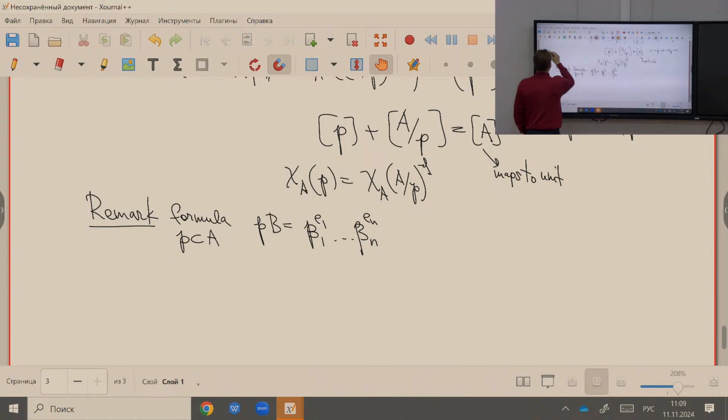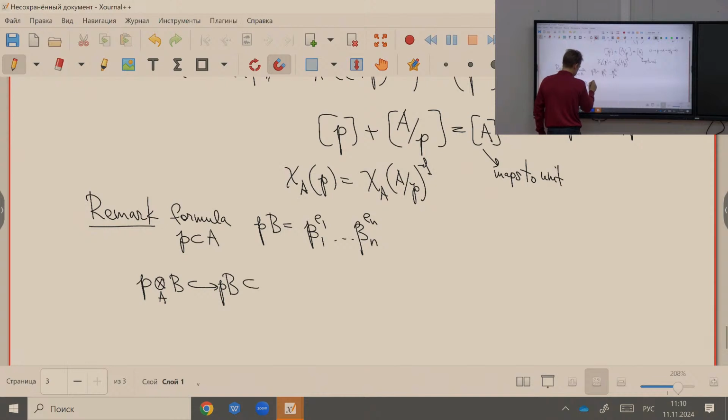This can be viewed as induction and restriction. Inside B, where you do not have zero divisors, P tensor A B, the inclusion, maps to P beta inside B, since B has no zero divisors.